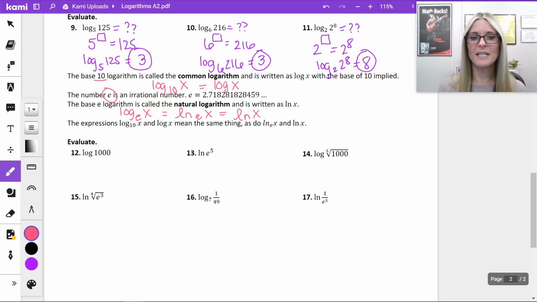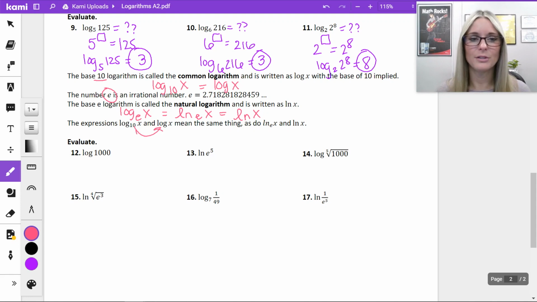So if you're using a natural logarithm, you're representing it with ln. Everyone knows the base there is e. Nothing else is used. The expressions log base 10 of x and log x mean the same thing, as do log base e of x and ln x, which is what we were just talking about a moment ago.